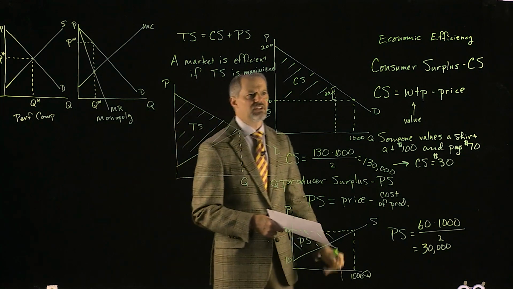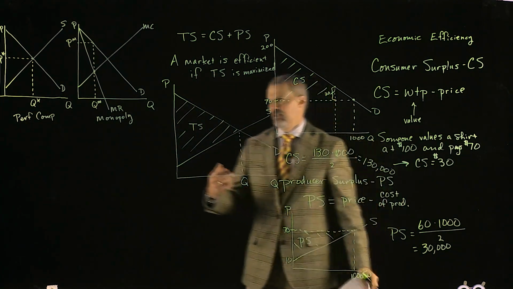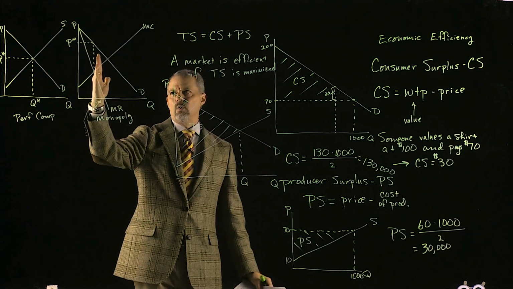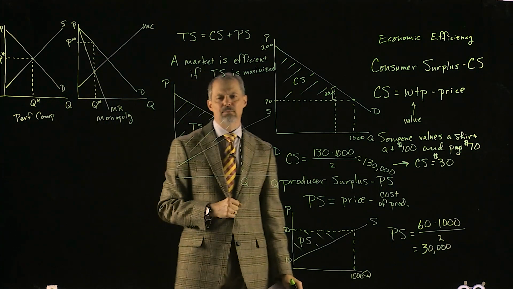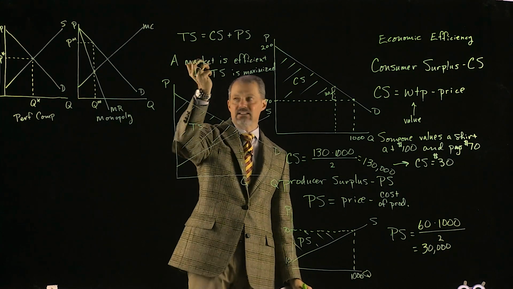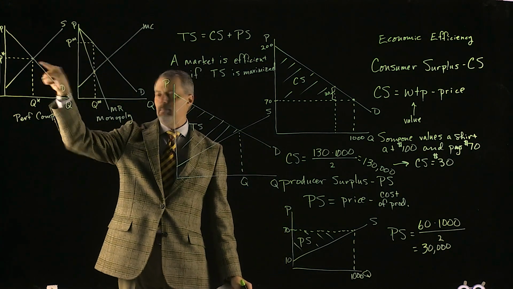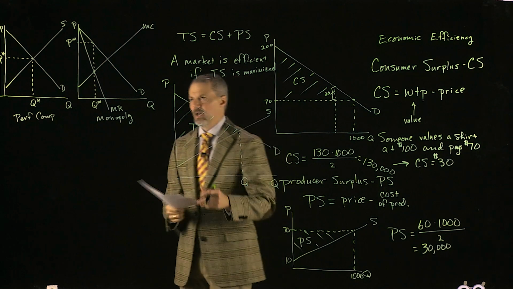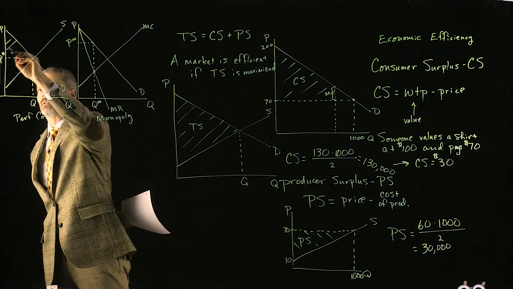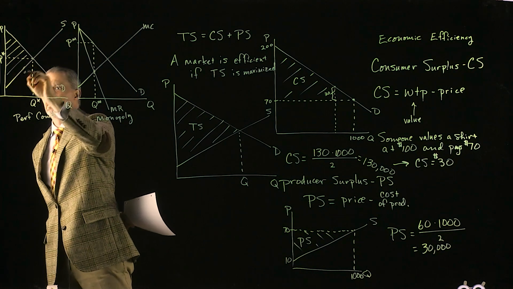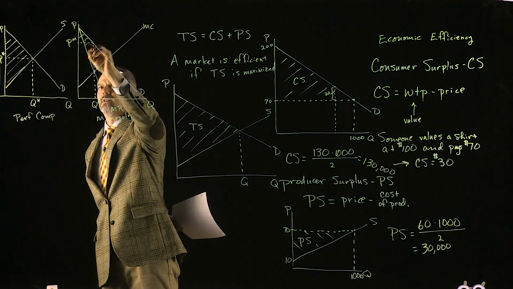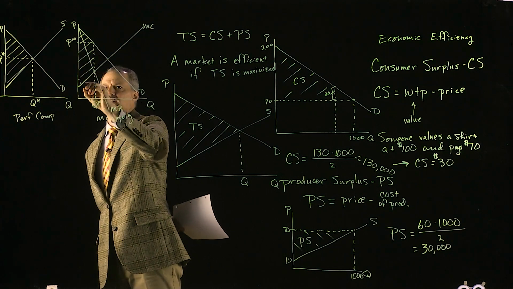This allows us to easily see the impact that a monopoly has on the market. It's going to restrict quantity below what would happen with perfect competition, and it's going to use its market power to drive price up above what would happen with perfect competition. And if we look at the amount of total surplus in the market, total surplus would be that area with perfect competition, but with monopoly, it would only be this area.